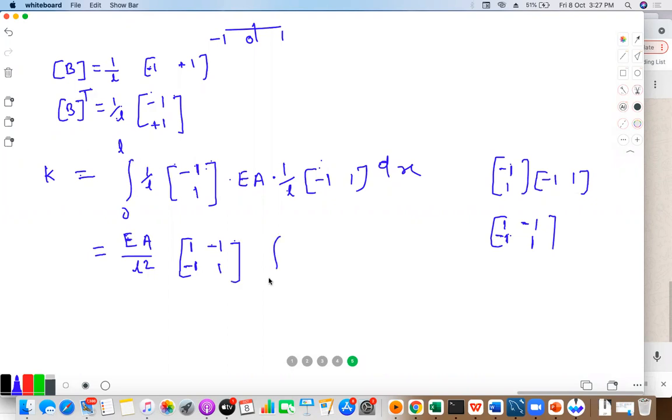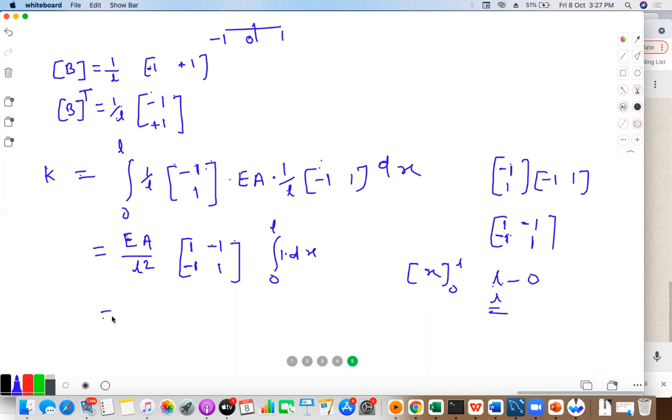Now if I integrate this 0 to L, and here I have dx, so 1 into dx, integration of dx will be x, and if I put the limit 0 to L, I will have L minus 0, that is equal to L, right?